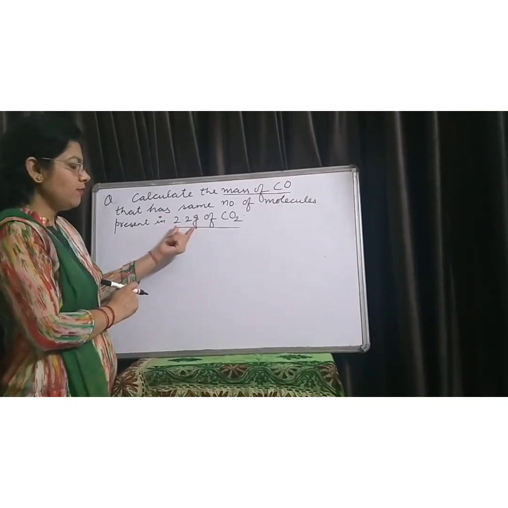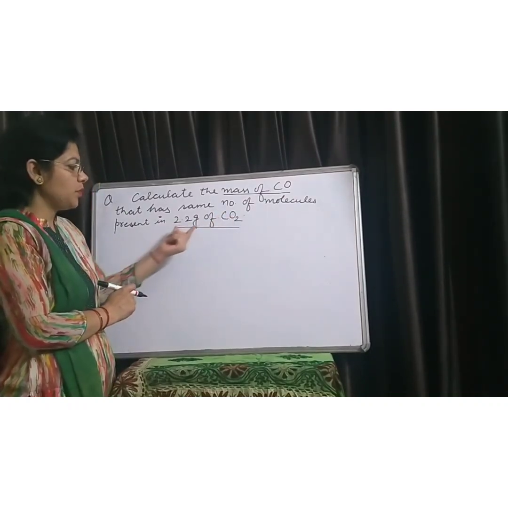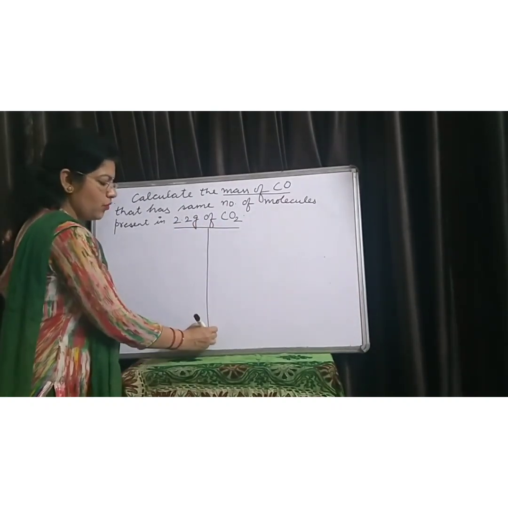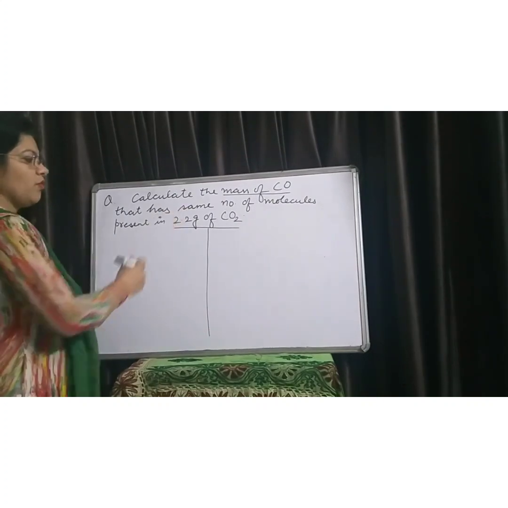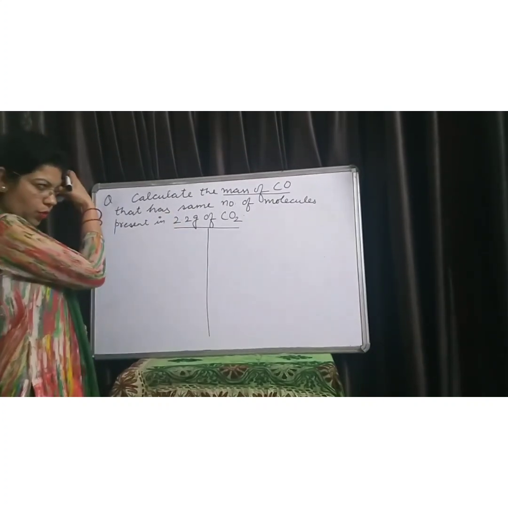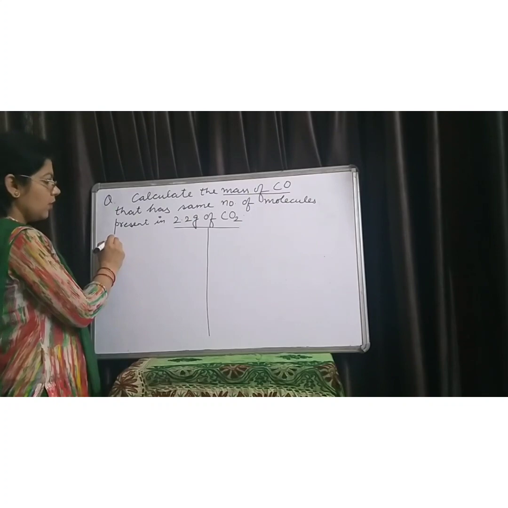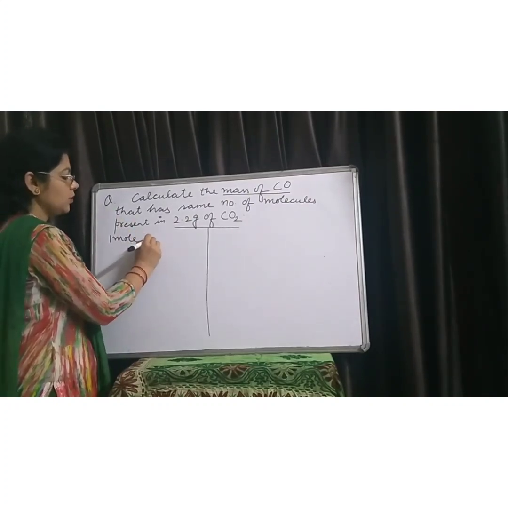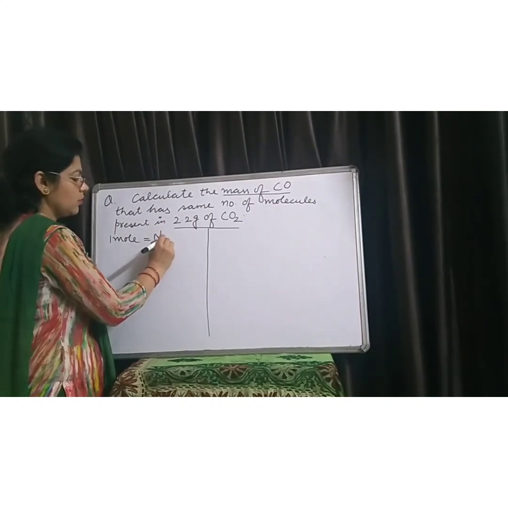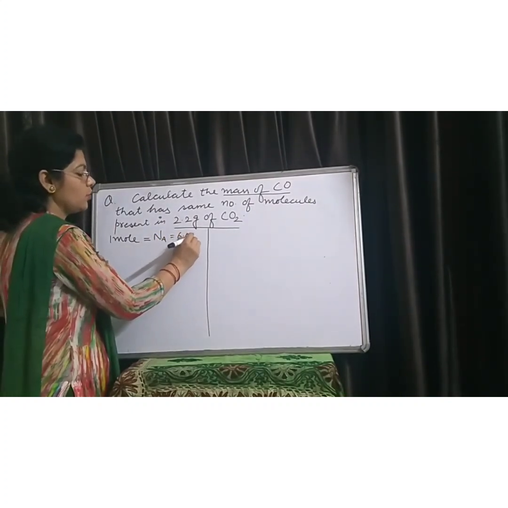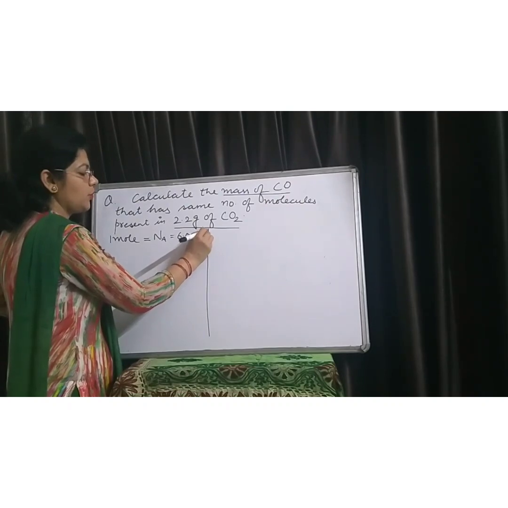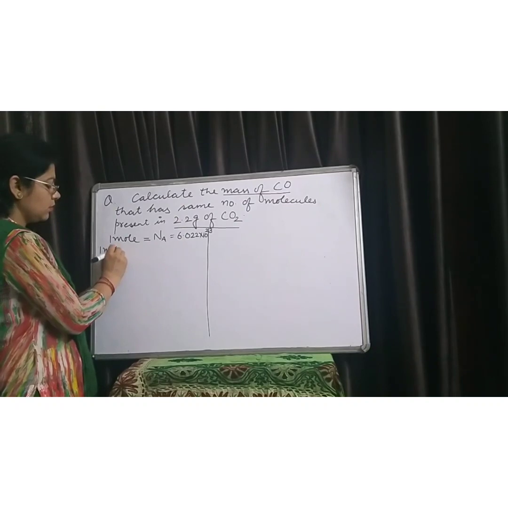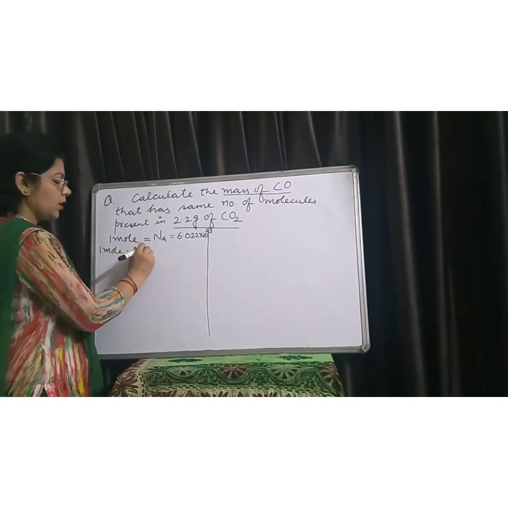First of all, we have to find the number of molecules present in 2.2 grams of carbon dioxide. According to mole concept, we know that 1 mole is equal to Avogadro number, or 6.022 into 10 raised to power 23. Also, 1 mole is equal to molecular mass.